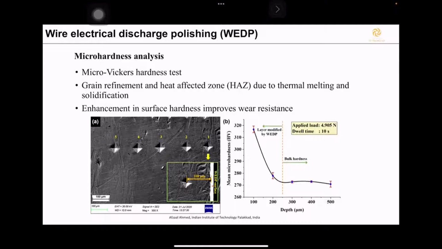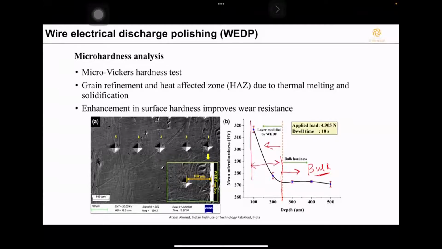After wire electrical discharge polishing, we did the hardness testing, and we found that the hardness of the top surface has improved. As you can see here, this is the base or bulk material hardness, and on this side, up to around 250 microns, the hardness has improved.